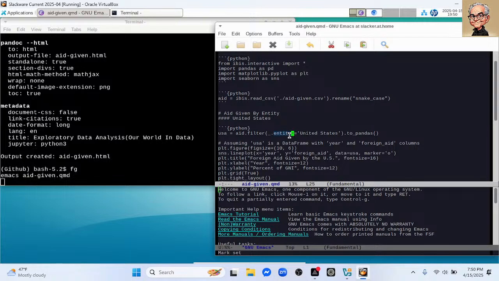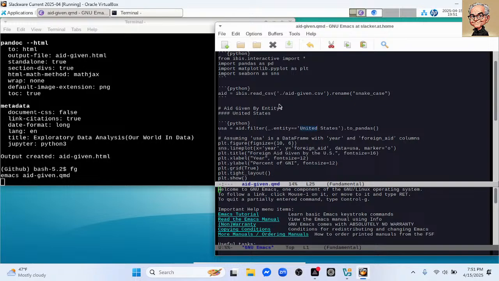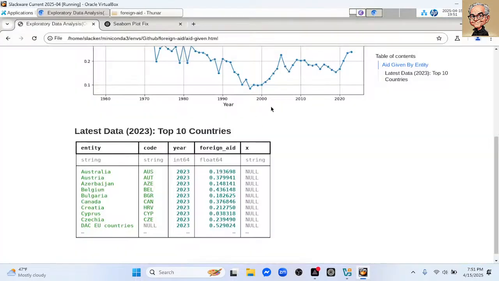No continents, no world summaries, no income groups. So we just pulled the data for the United States, converted it to a pandas data frame, and did a very quick plot, which we can see back over here.